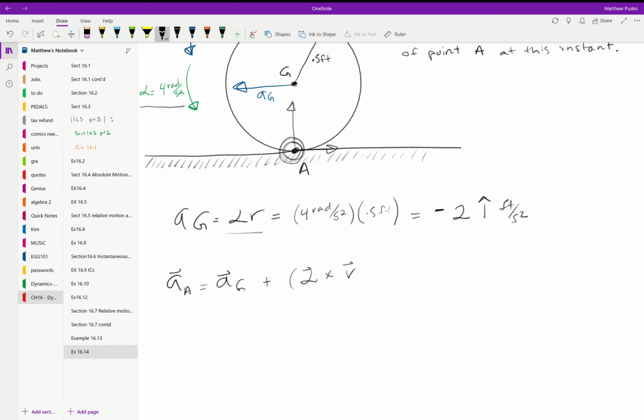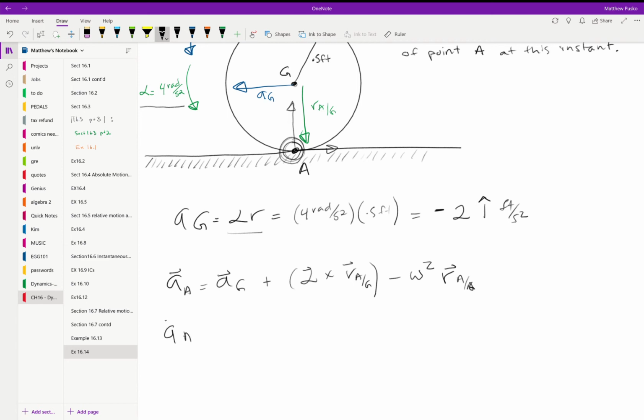And the r we want right now is r of A with respect to G. Okay, and we have a minus omega squared in the direction of r.